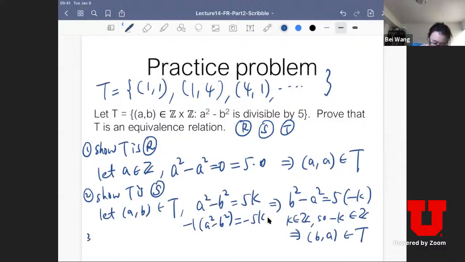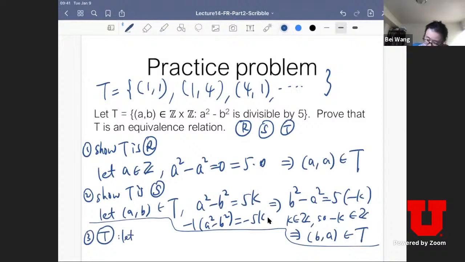And finally, we want to show the relation T is transitive. I'm using T with a circle to abbreviate transitivity. So again, we let a pair (a, b) be in the relation T, and another pair (b, c) be in the relation.